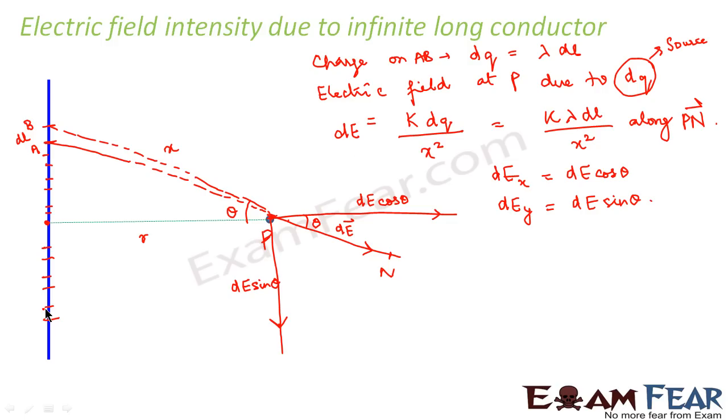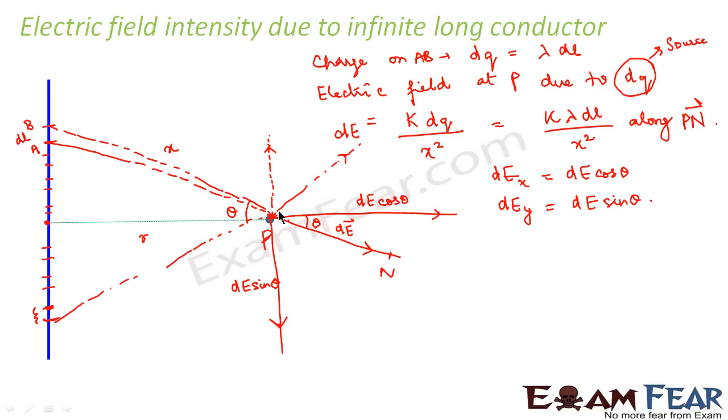I am just giving you one example. Let us suppose I assume one more element here. The electric field of that element will be somewhere along this direction, right? Again, if you resolve it, you will get dE cos theta along this direction and dE sin theta along this direction.